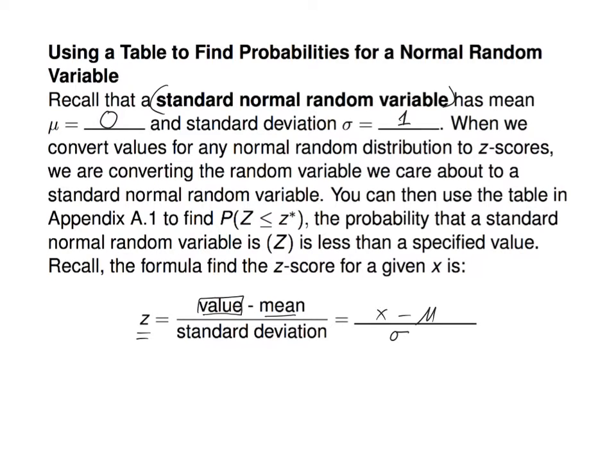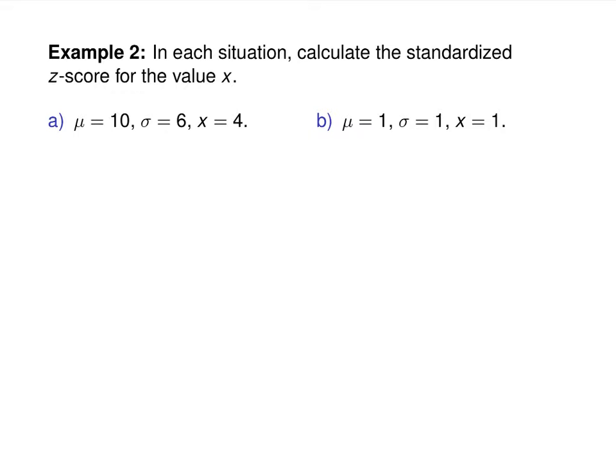That's going to give you a z value to look at, a standardized value. So let's find some standardized values. Mu is 10, sigma is 6, and x is 4. So z is equal to x minus mu over sigma.